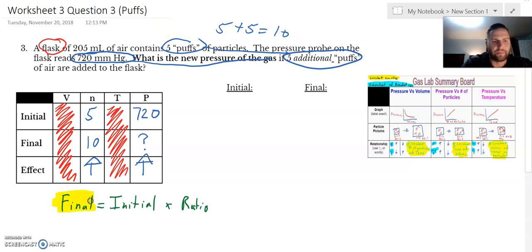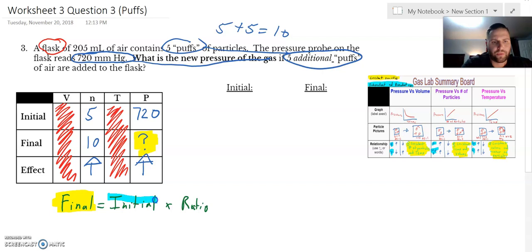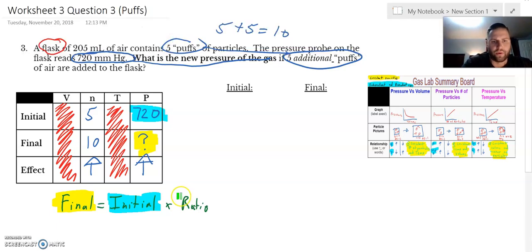Final is what we're computing. That is the question mark right here. Your initial value is always right above your question mark, and your ratio always comes from the column with both the final and the initial value filled in.